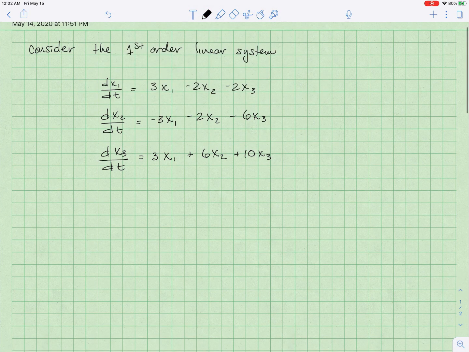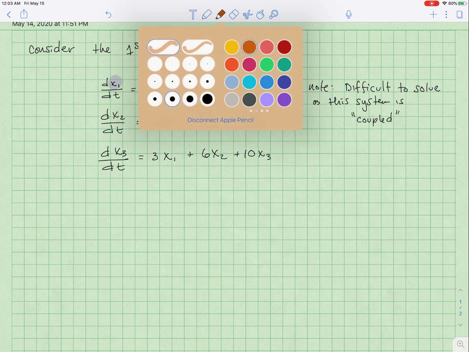The first thing that we want to note here is this is difficult to solve, not just because it's a differential equation, but because this system is what's called coupled. That is to say, each equation we have here, this one is in terms of x1, the derivative of x1 doesn't just depend upon x1, but actually depends upon some other unknowns.